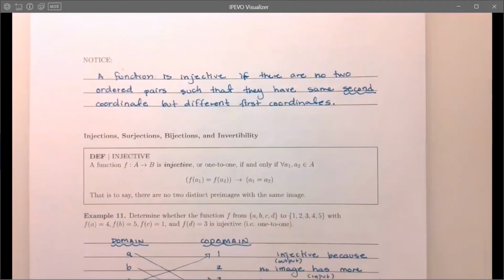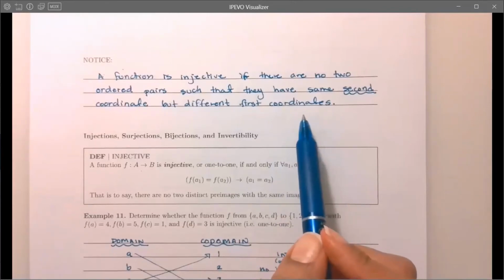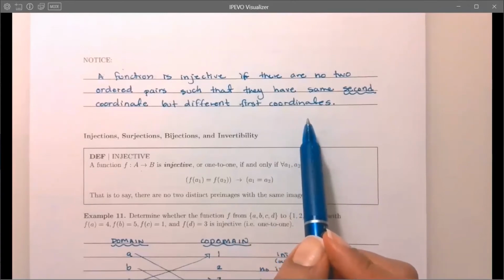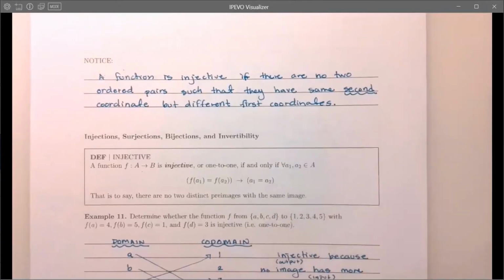In injective, or one-to-one, the difference is that for the second coordinate, meaning the output, there's no one output that has two different inputs that correspond to it. It doesn't have two ordered pairs with different first coordinate but same second coordinate.